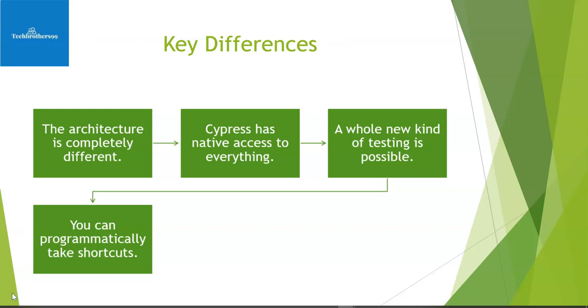You can do many things by doing stubs. So you can take programmatic shortcuts: whatever data you want, like if you want a 500 error or a 400 error, based on your requirement you can change your API responses.